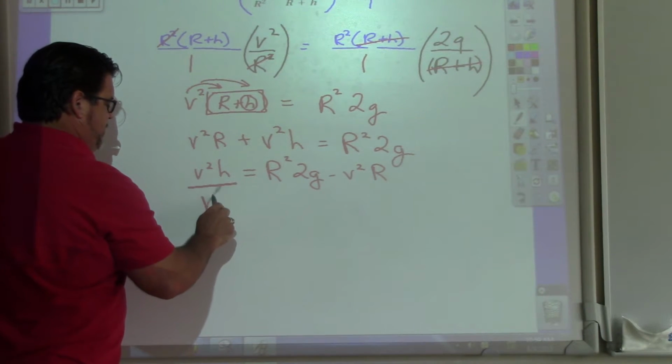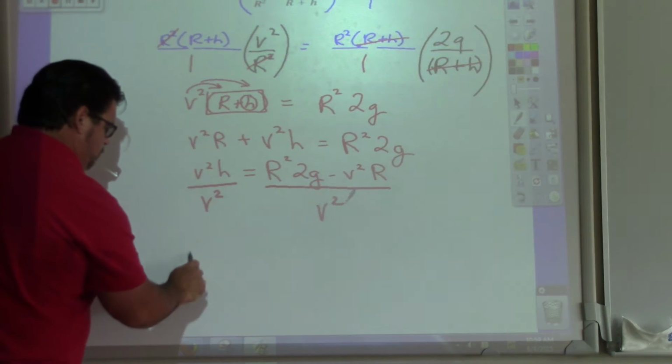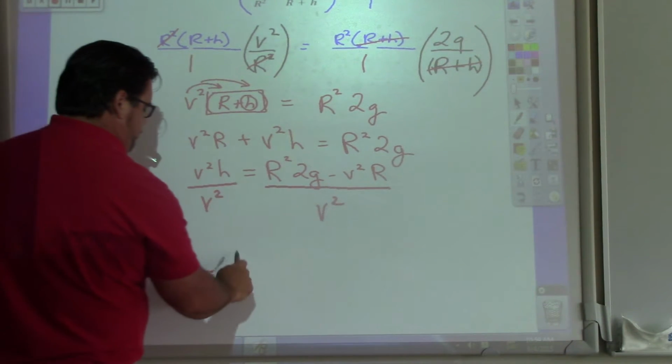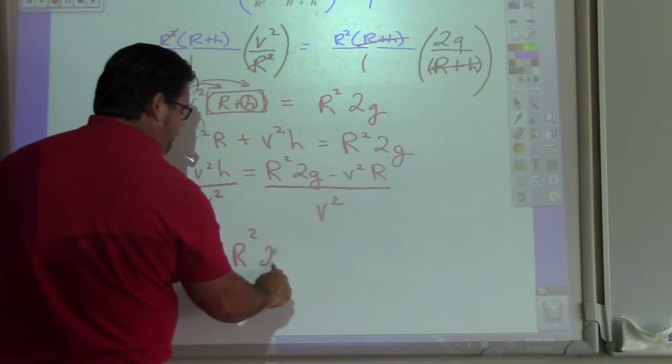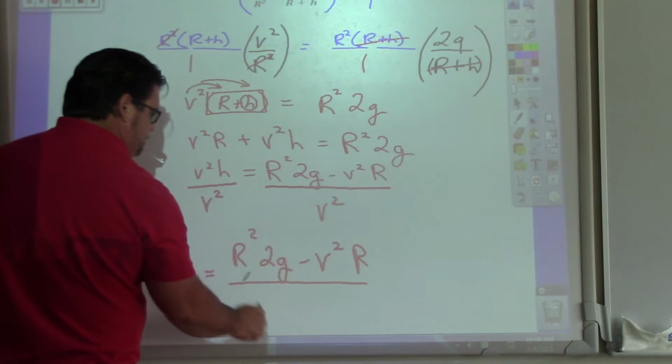Divide by V squared, and you're done. That's not an extra addition here. H is equal to R squared 2G minus V squared R over V squared.